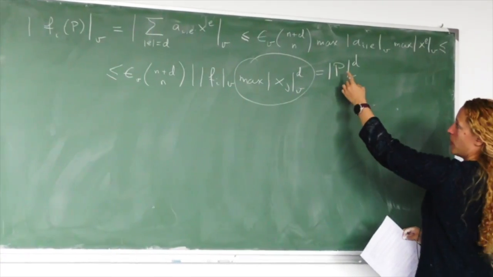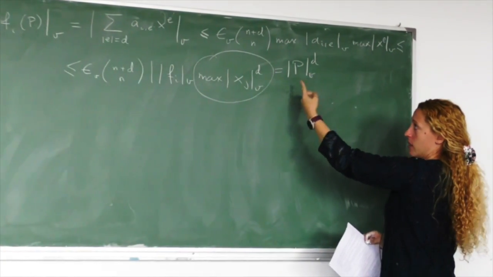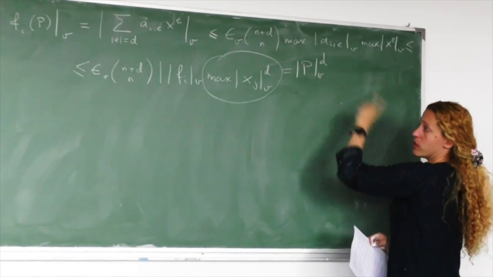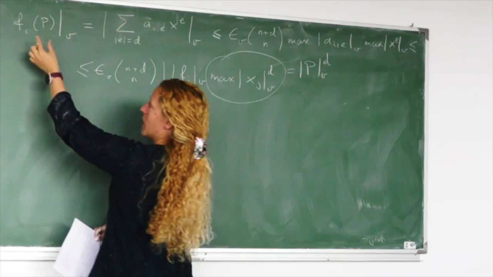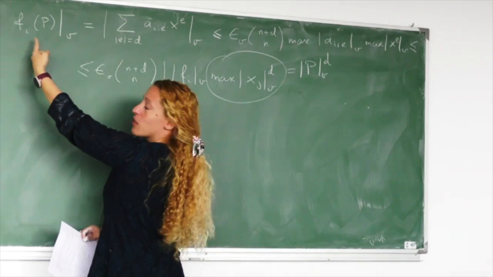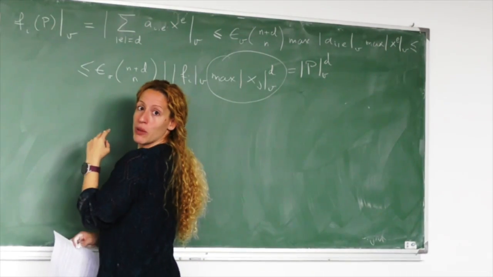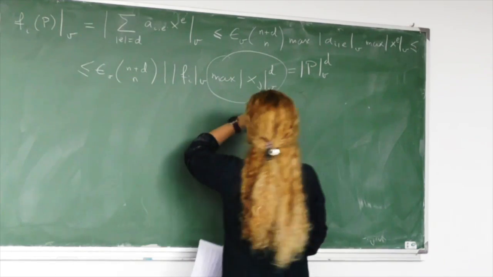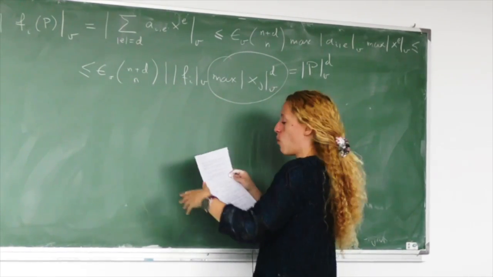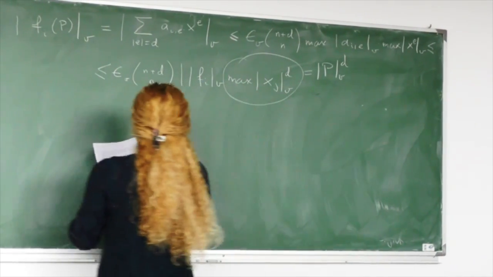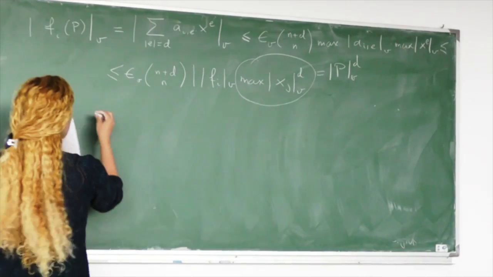Because the height of the point P is the product of all these things when I consider all the valuations, and the height of the image of the point is again the product of these when I consider all the valuations. So now that I have this inequality, I'm going to take the product through all the valuations, and then I'm going to take the right exponents.